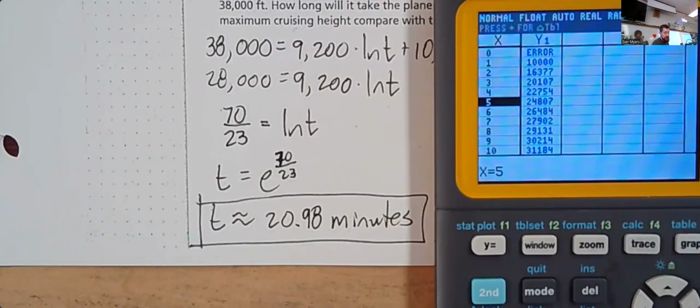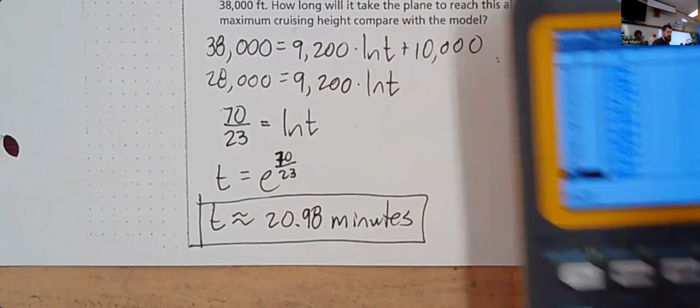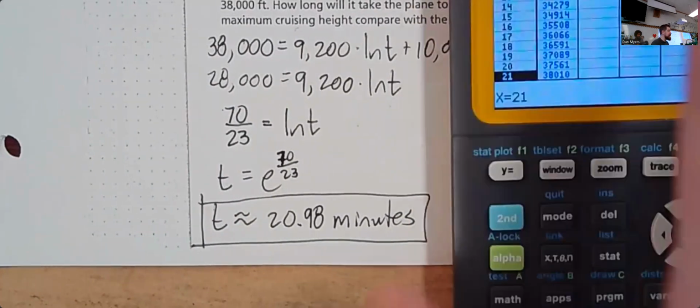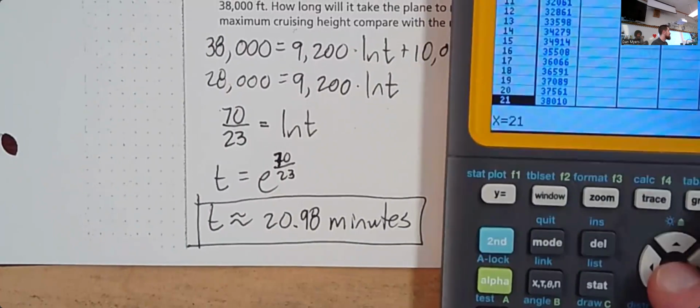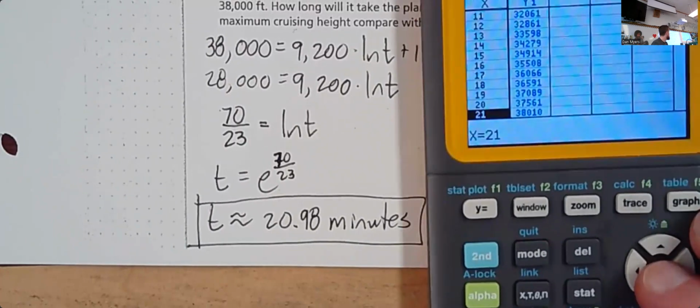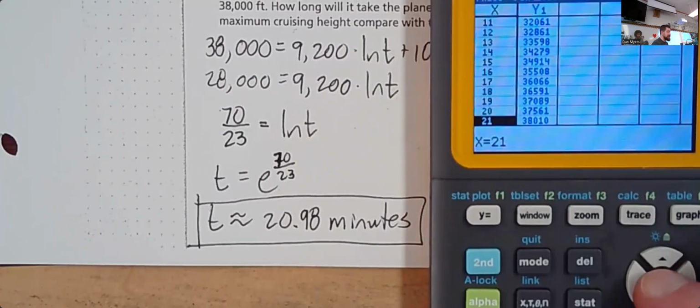So if we look, here's 21 minutes, 38,010 feet. That's roughly correct. However, commercial airplanes usually fly no higher than 38,000 feet. What happens if you keep going? On your table of values, what happens to the y values? Take a look on your calculator, see what happens. Hopefully you have the function already typed in. Just go to your table and see what happens once you go past 21.